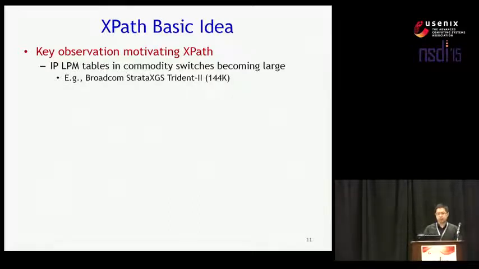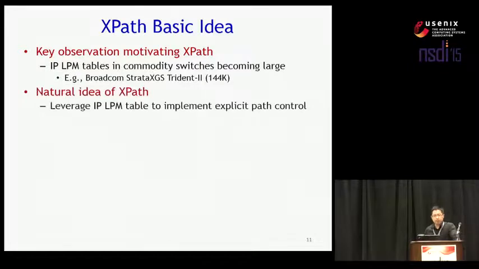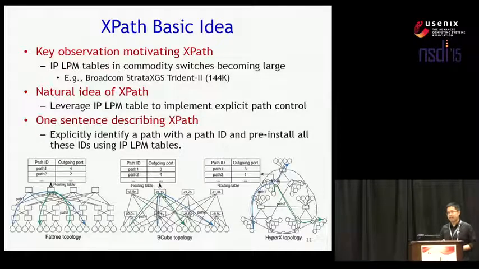Based on this observation, our natural idea is: can we leverage the IP LPM table to implement explicit path control? So we can describe XPath in one simple sentence: it explicitly identifies a path with a path ID and pre-installs all these path IDs using the IP LPM table of existing commodity switches.